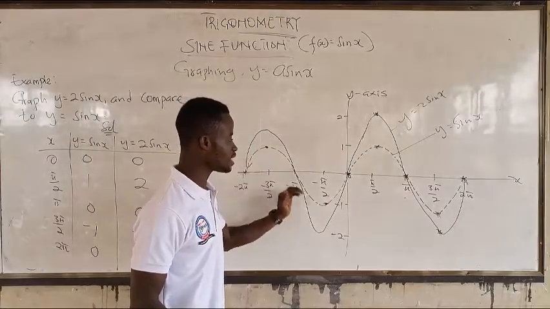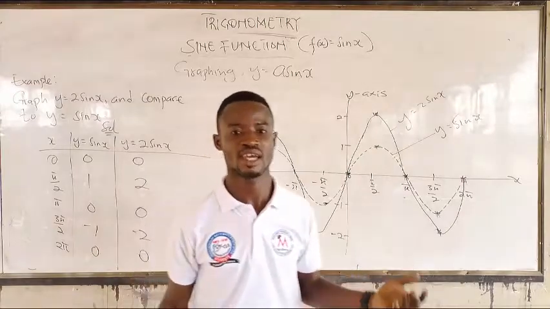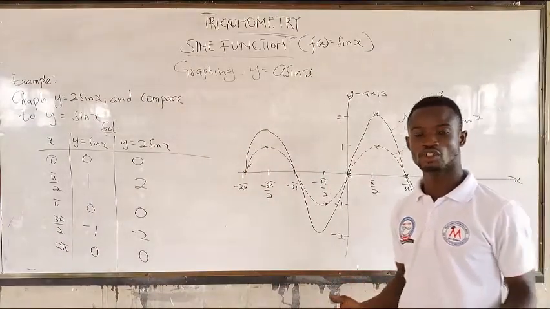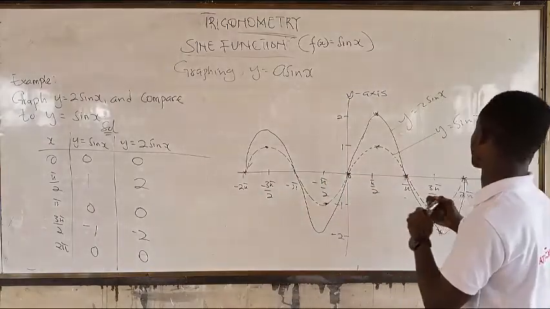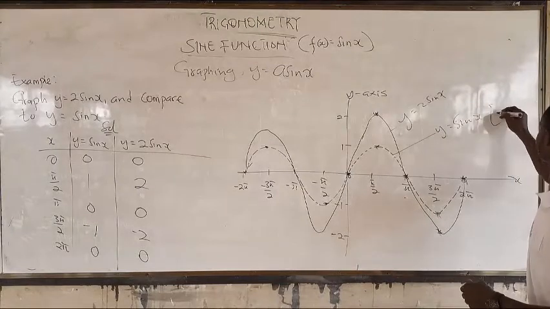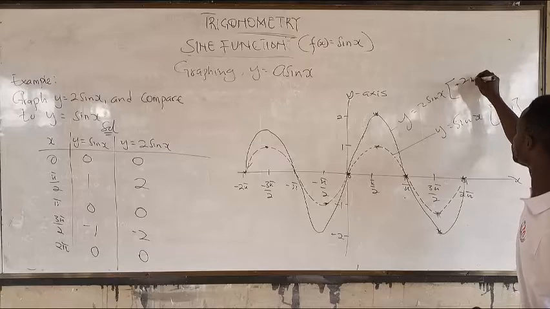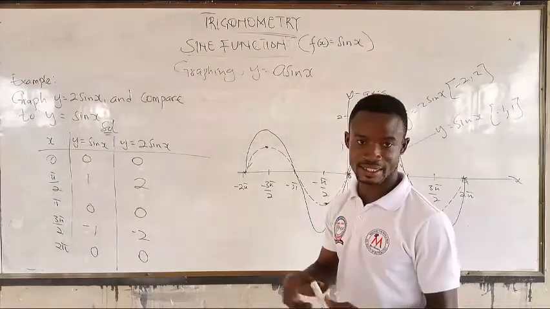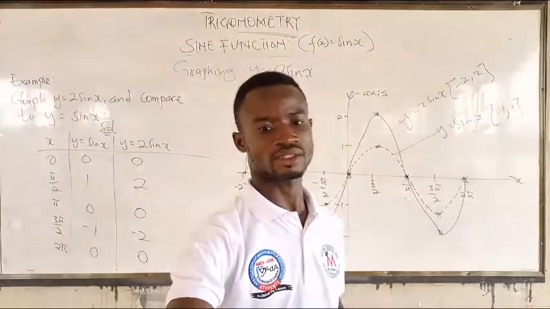Here it has increased in maximum and the minimum. So the only change in the graph is the range, which is now becoming negative 2 to 2, where before it was negative 1 to 1. So the only change here is the range. All right.